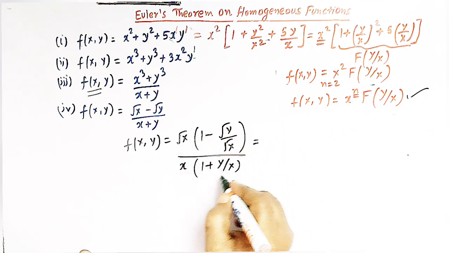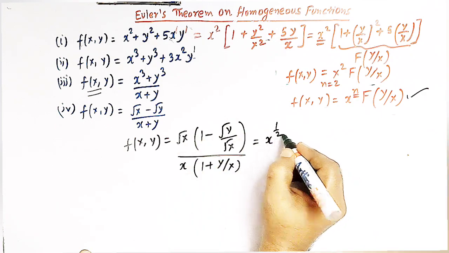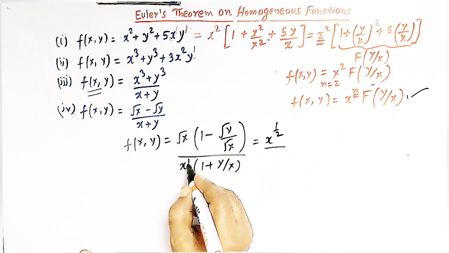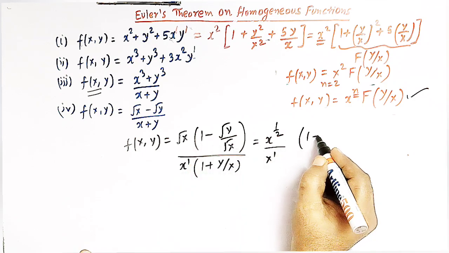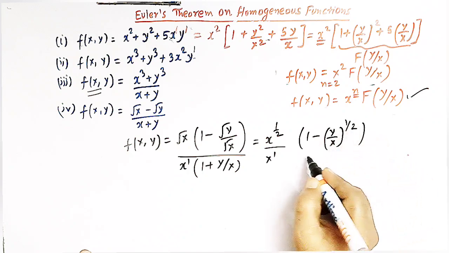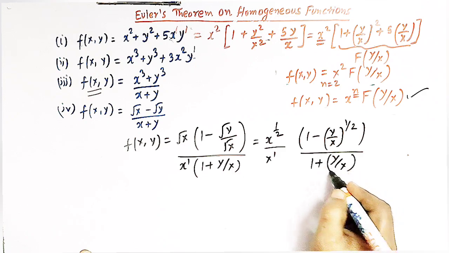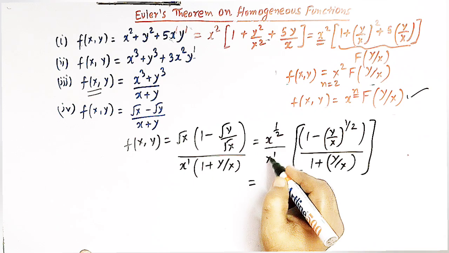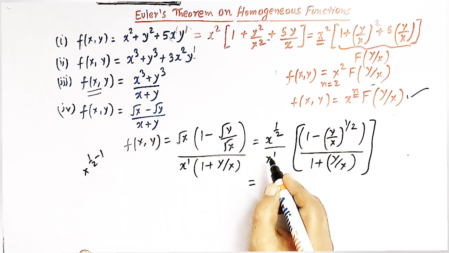So let us further rewrite this expression as x raised to half. This is root x, so x raised to half, and in the denominator here we have x raised to 1, and then we can write 1 minus y over x raised to half, and here we have 1 plus y over x, right? So now here again using the laws of exponent, we have x raised to half minus 1.